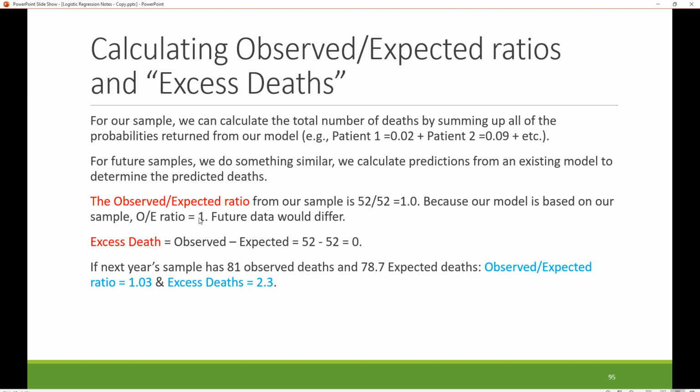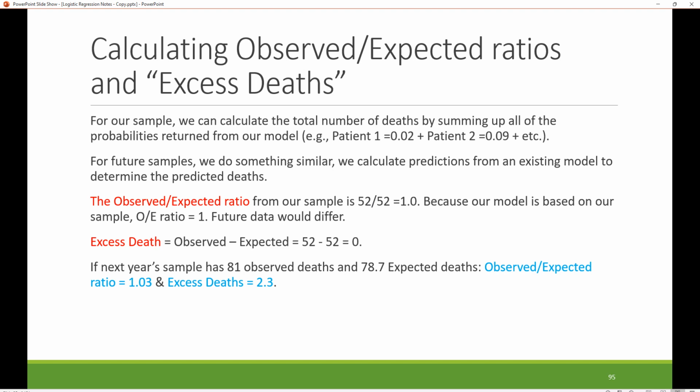But when we look at future data, we wouldn't expect our observed number of deaths to equal our expected number of deaths. So the observed expected ratio is the number of deaths that we actually saw, divided by the number that we would predict.